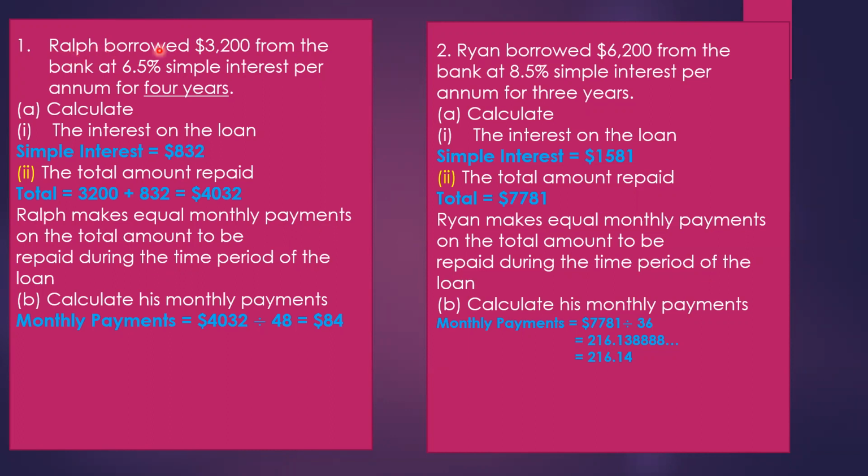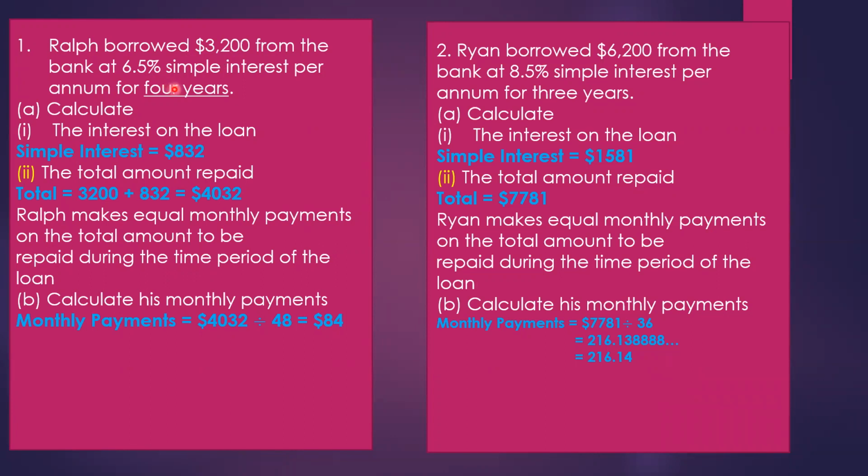Question 1 says Ralph borrowed $3,200 from the bank at 6.5% simple interest per annum for 4 years. It says calculate the interest on the loan. First, you use the formula P times R times T, where P is principal, R is rate, and T is time, all over 100.